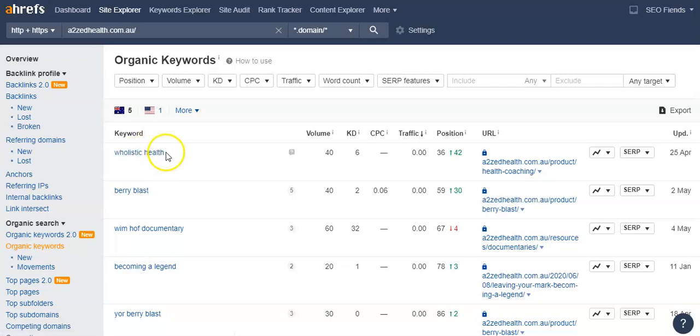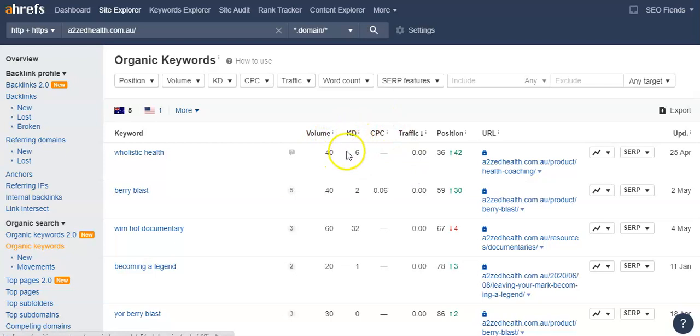It's not holistic health Perth or wherever you may be, Melbourne, Sydney, it's just holistic health. So if it doesn't have a location or a destination as part of that keyword, that means it's a national keyword. So this number here is from all the way around Australia. So anyone in Australia has only ever searched that 40 times a month.